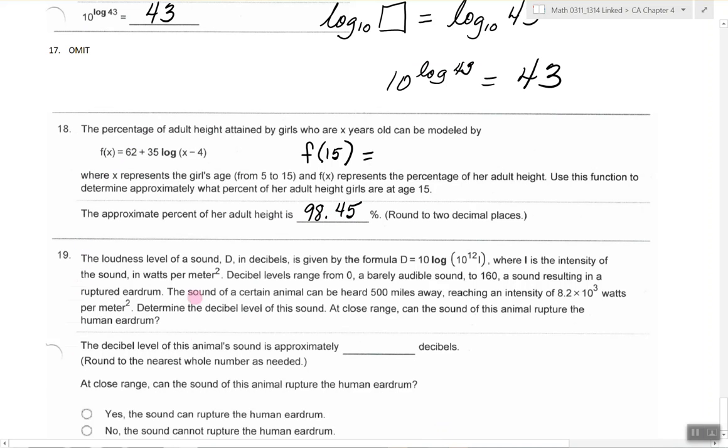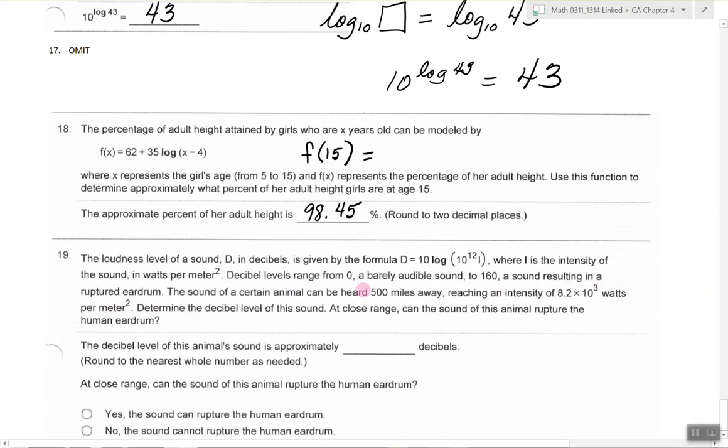All right, I believe we have one more question, and it says the loudness level of a sound D in decibels is given by this formula, where I is the intensity of the sound in watts per meter squared. Decibel levels range from 0, which is a barely audible sound, to 160, a sound resulting in a ruptured eardrum.